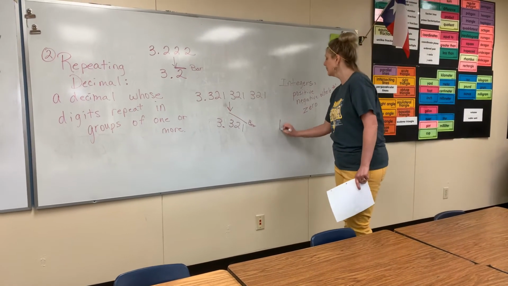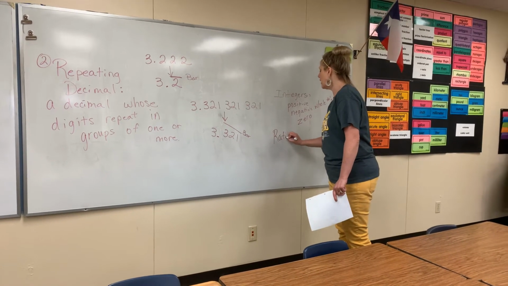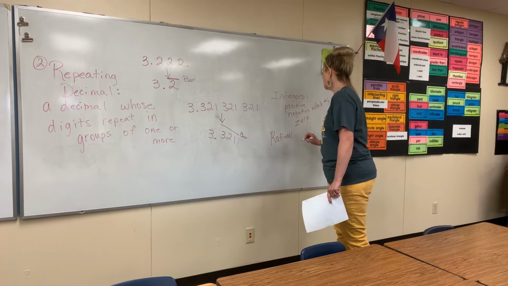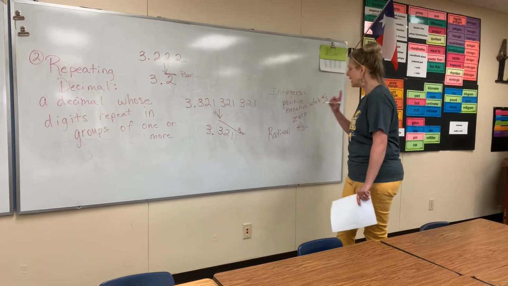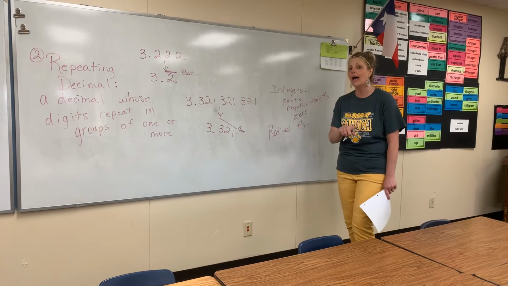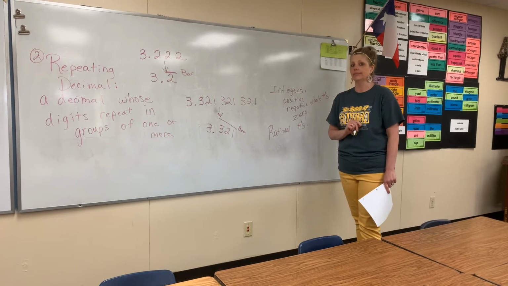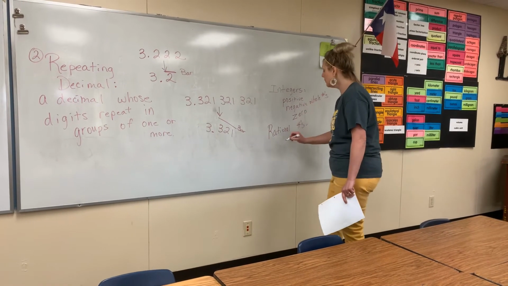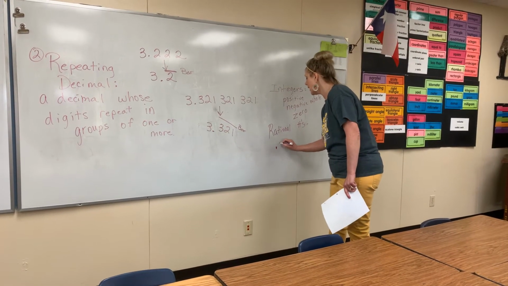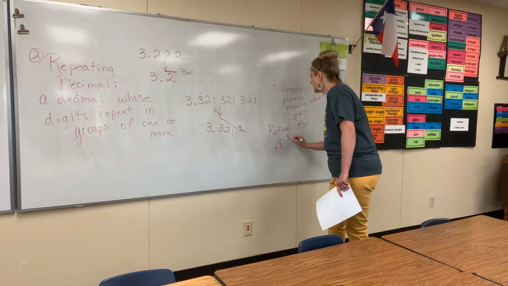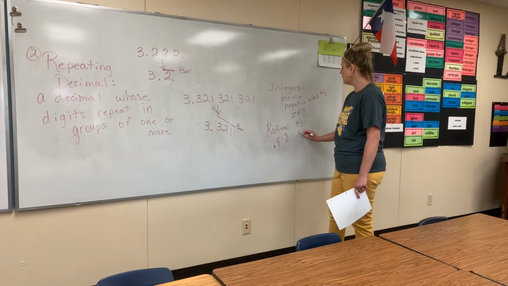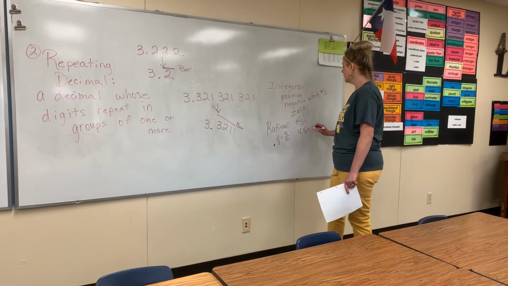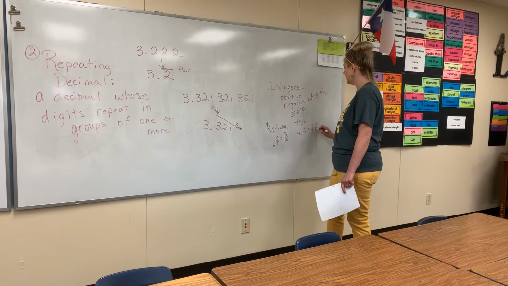Now then, we also learned about rational numbers. And rational numbers were anything that you can write as a fraction. So if you'll remember, if you had 0.8, that could be written as 8/10. If you had 4.5, that can be written as 4 5/10.